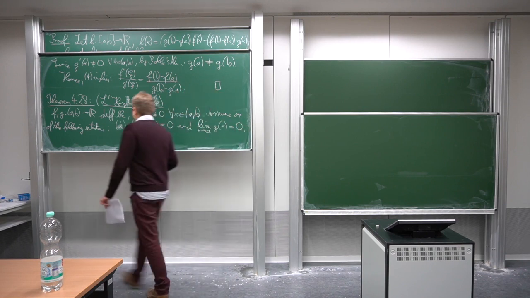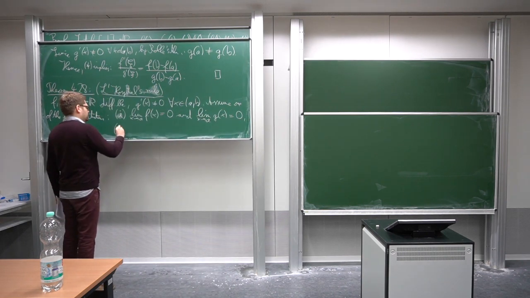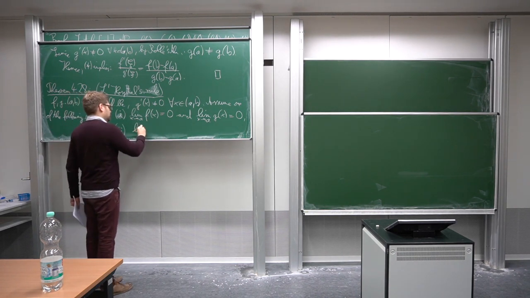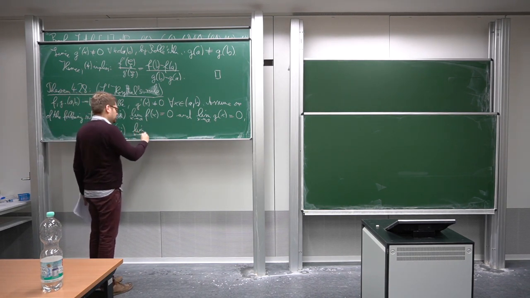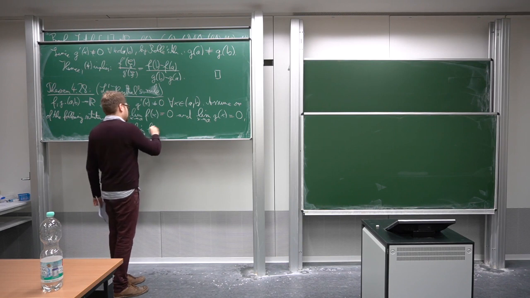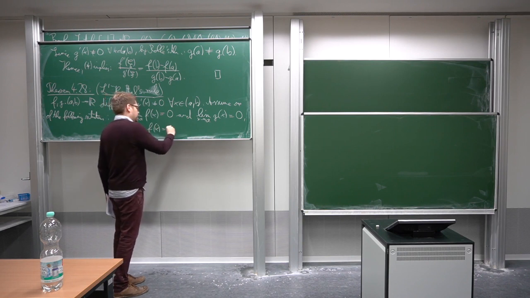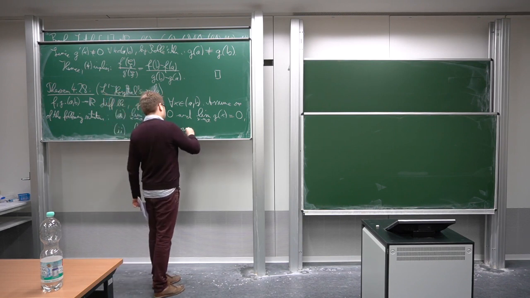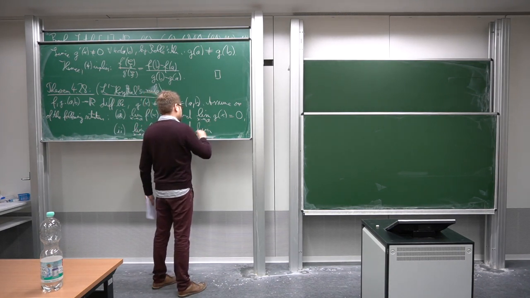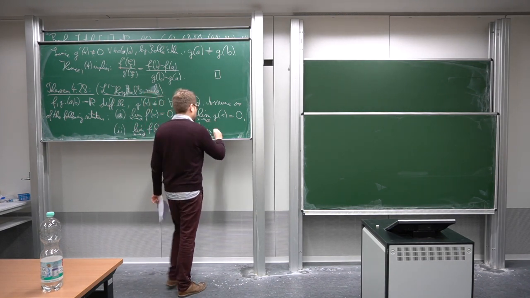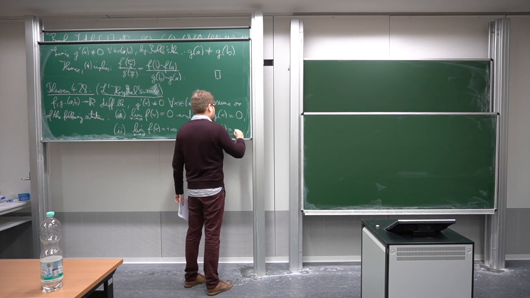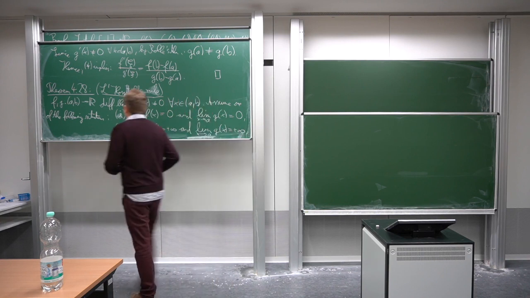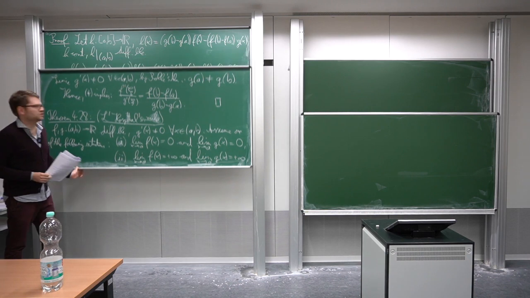The other situation where we have a problem is if both go to infinity. Here I will only consider going to plus infinity, because minus is just a sign that can be flipped later on. So if f goes to infinity and g goes to infinity, then we would have infinity divided by infinity, which also doesn't make sense. So these are the two situations where we don't know how to compute the limit.